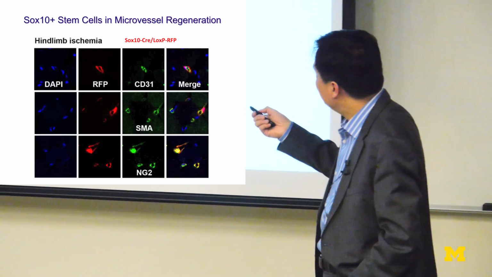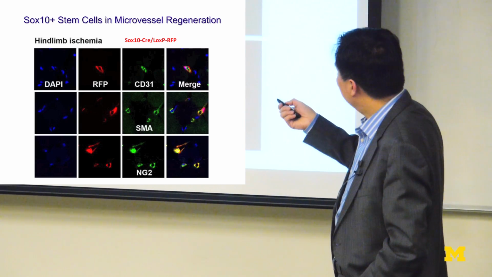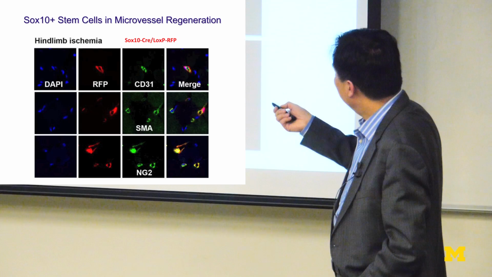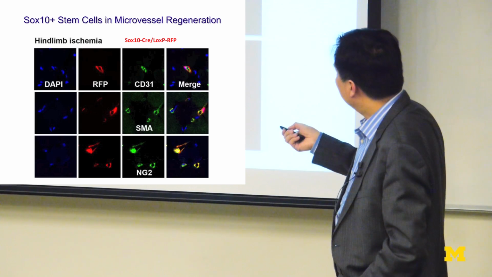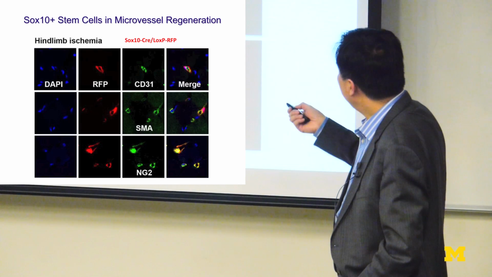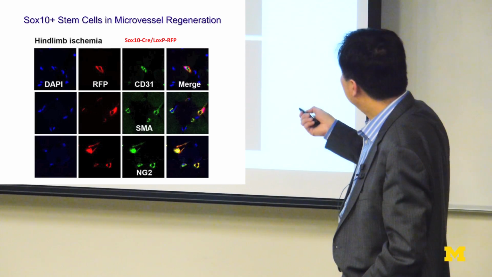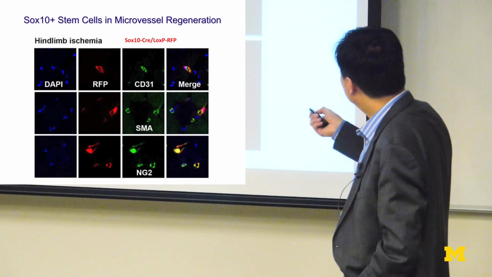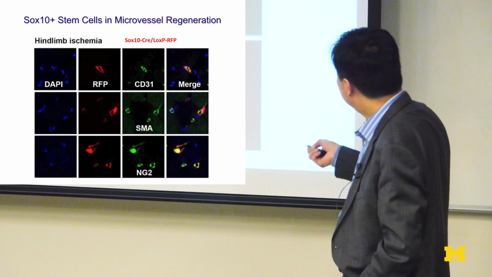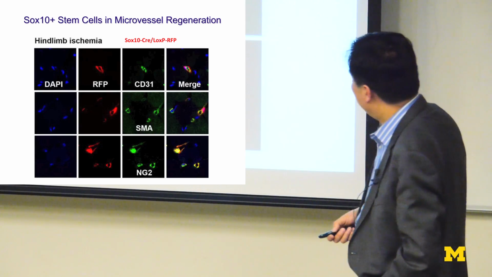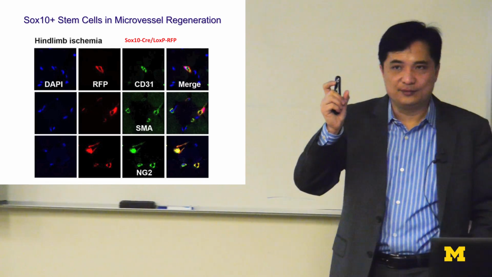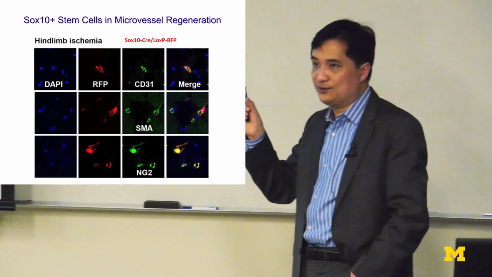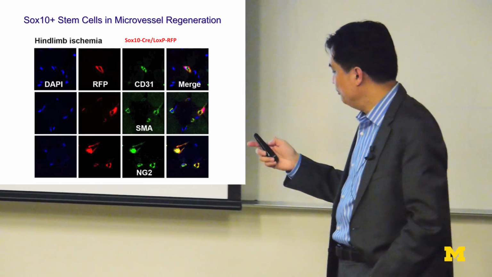So here you can see in an ischemic muscle, if you have some vessel formation, these SOX10 positive cells could decorate around microvessels. Indeed, they are colocalized with endothelial cells. You can see endothelial cells are in the center and then surrounded by these red RFP positive stem cells. So in microvessels, these adult stem cells, smooth muscle progenitors, can also help the microvessel formation.